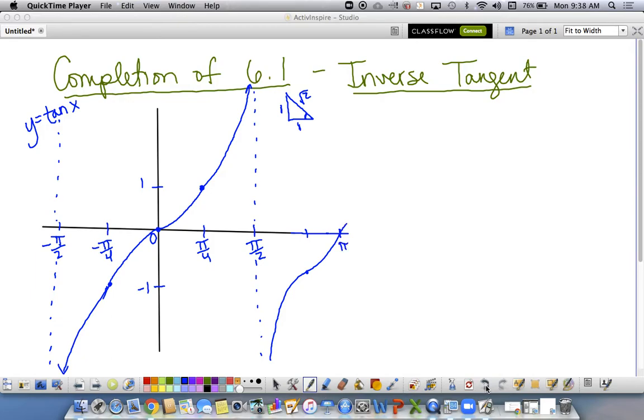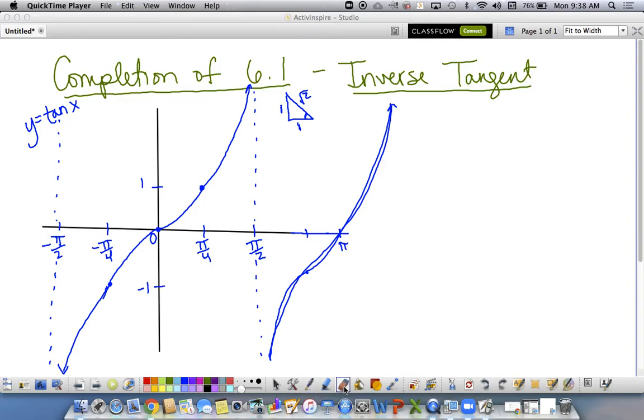Okay, and then it would keep going up like this, and it would continue to repeat itself. Yes, it would. So, if we are restricting a domain, would we need any of this piece over here on the right? Would it be a one-to-one function if we kept this piece right here? Would it be? Our horizontal line test says no.